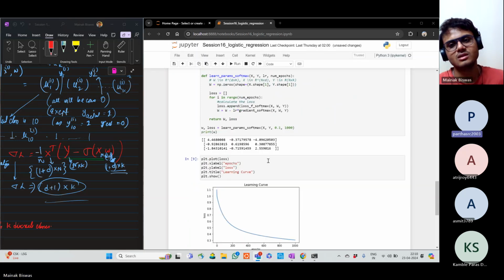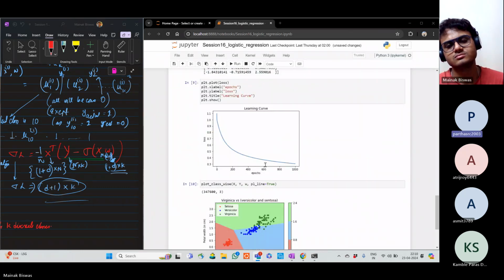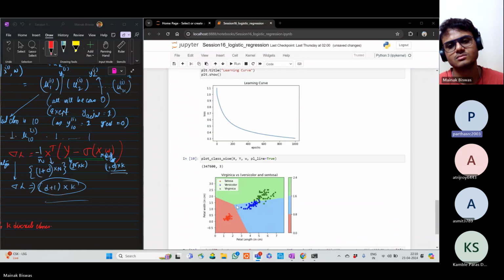So the class boundaries will be all those combinations: P of x1 is equal to P of x2, x2 is equal to x3, x1 is equal to x3. Right? On this boundary, virginica and versicolor have the same probability.